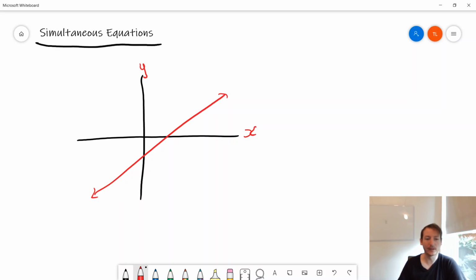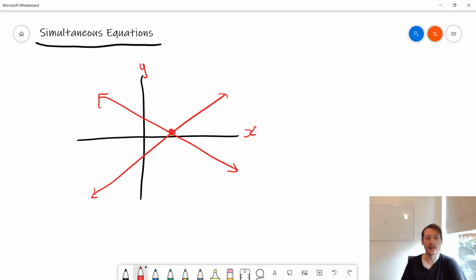And there's an infinite number of those pairs of solutions. But if I add a second line in, just here for example, there is only one solution that is true for both of these equations. You can see it's when they intersect.